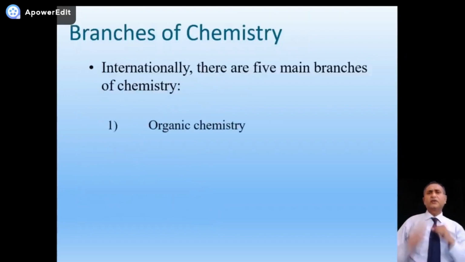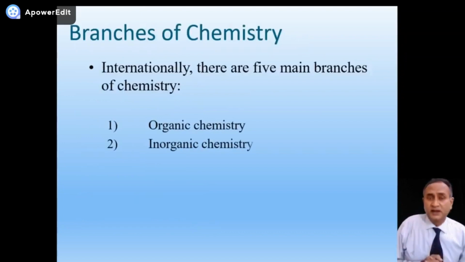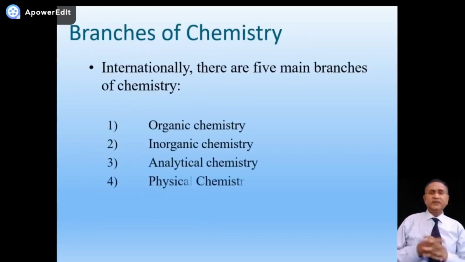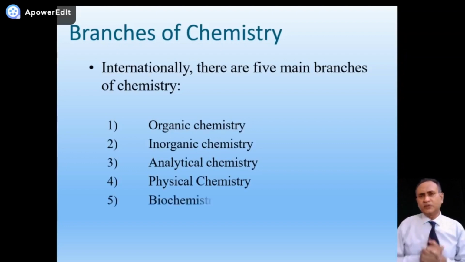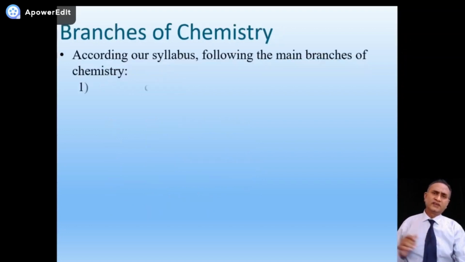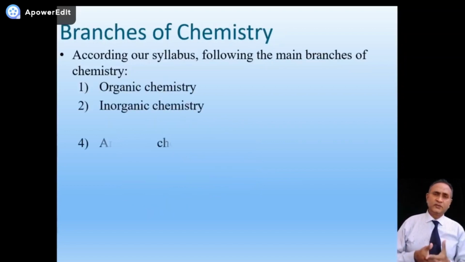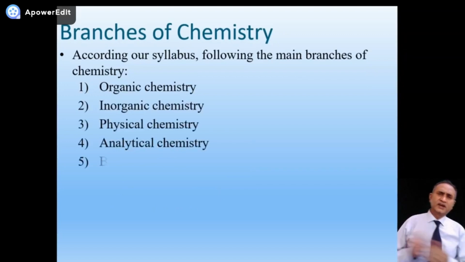Now, what is the main topic today? Branches of chemistry. Internationally, there are 5 major branches of chemistry: organic, inorganic, physical, analytical, and biochemistry. But in our book, they have discussed different branches of chemistry: organic chemistry, inorganic chemistry, physical chemistry, analytical chemistry, biochemistry, 5.